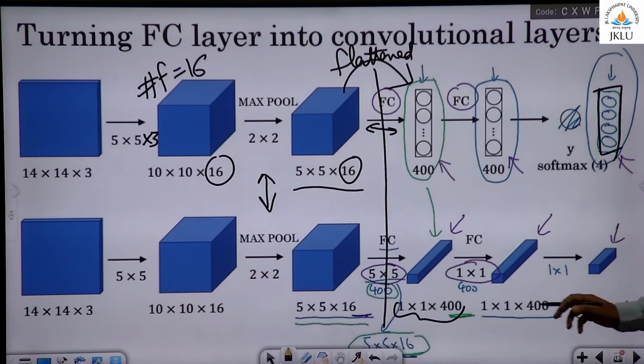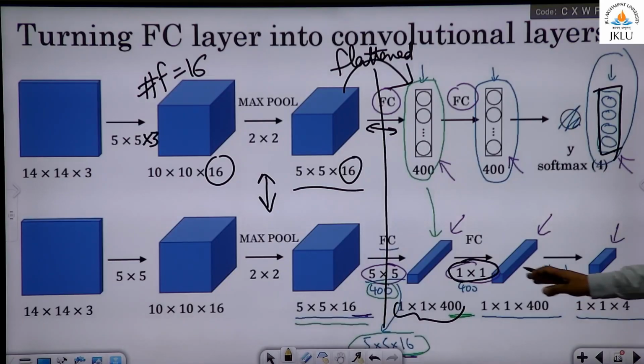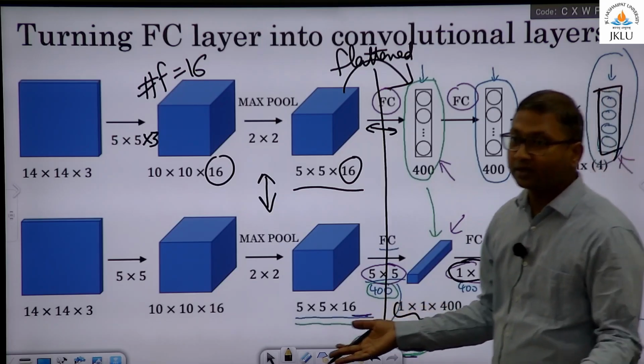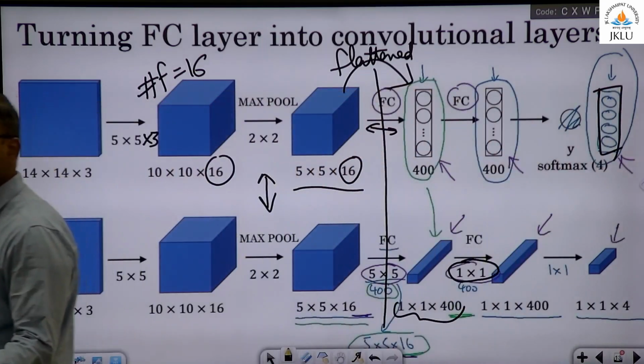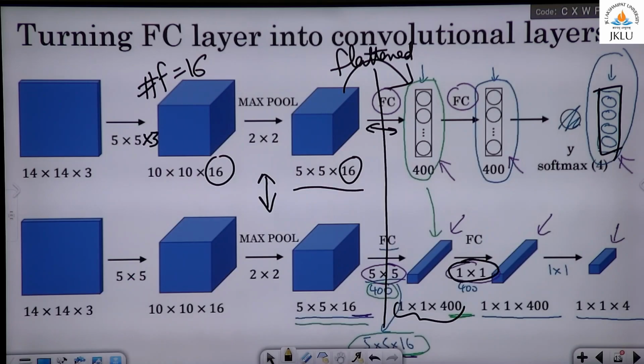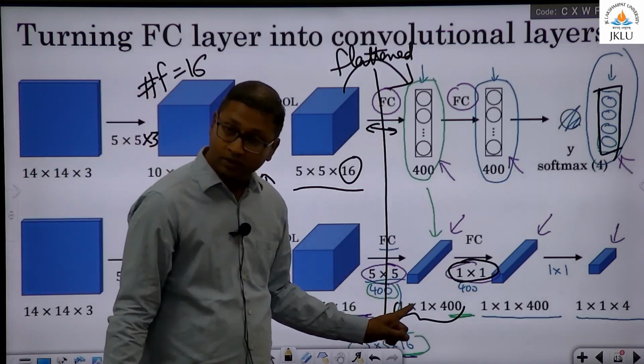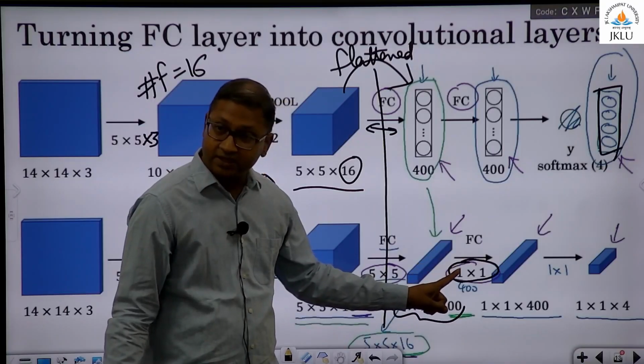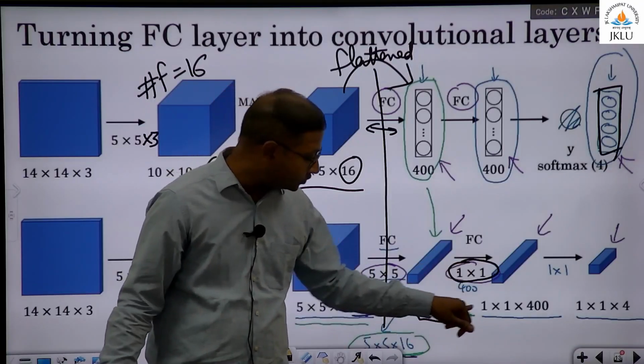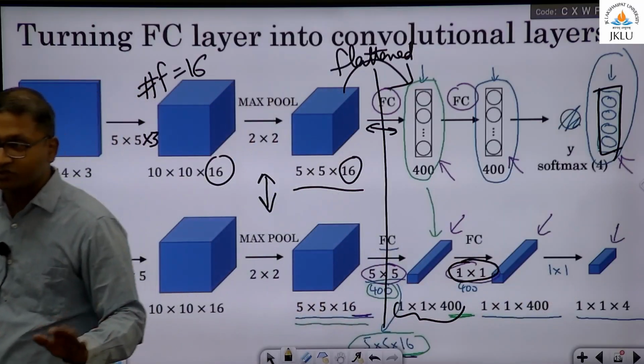What happened in this case? You have to help me out to understand this again. What is this 1 cross 1 doing? If you are doing 1 cross 1, same is not needed. So dimensions are this plus this minus 1, so that gives you 1 cross 1 cross 400. This is fine.